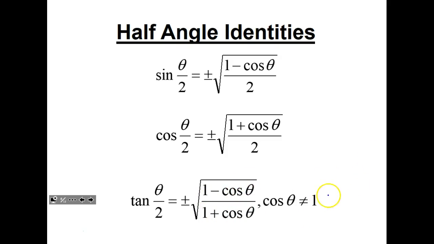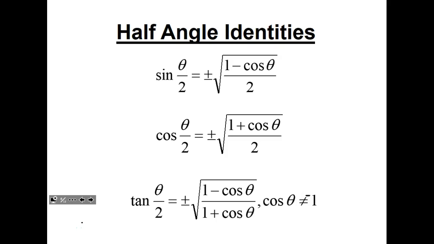Here cosine theta cannot equal 1 because if it did equal 1 you would get a 0 over 1. Let me double check. Here's the problem right here. That should say cosine of theta cannot equal negative 1.